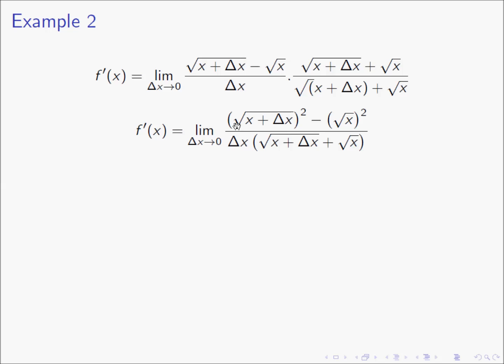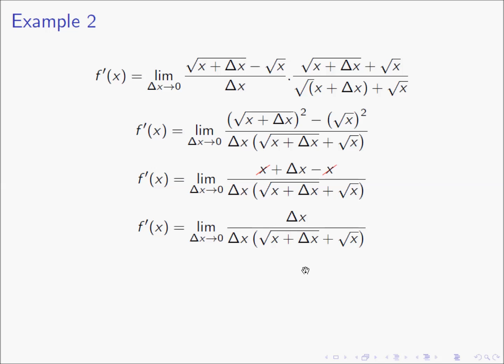And when you have a square root, the square root disappears. So we have x plus delta x minus x, and here the x disappears. So we have this expression.